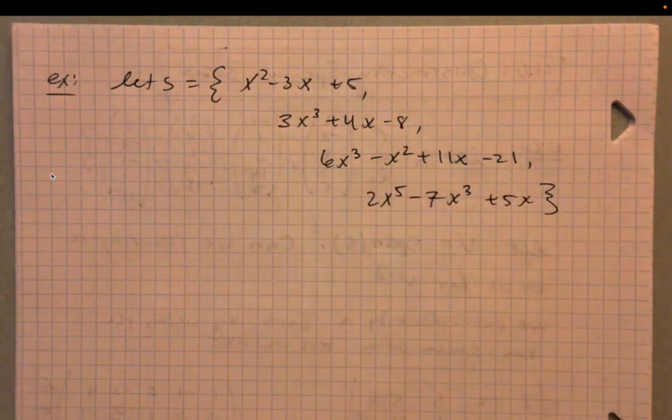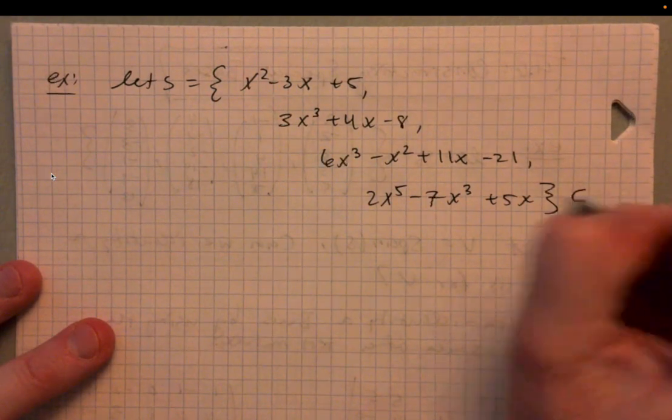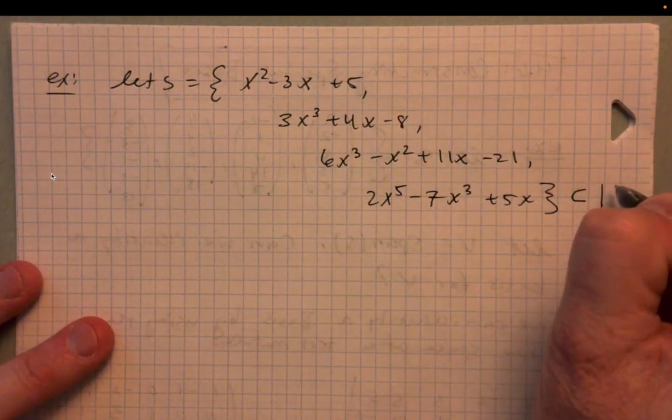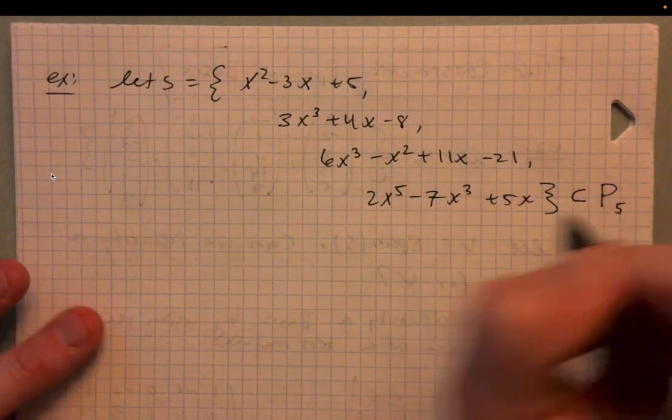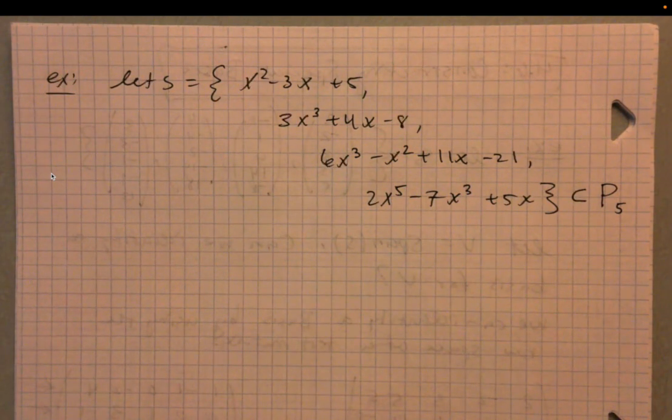Okay, so this is a set S of 4 polynomials, and S would be a subset of P5, 5th degree or less polynomials. Now, obviously, we don't want to work with polynomials like this, so we can represent these polynomials as 6-entry vectors whose entries are the coefficients of these polynomials, right?